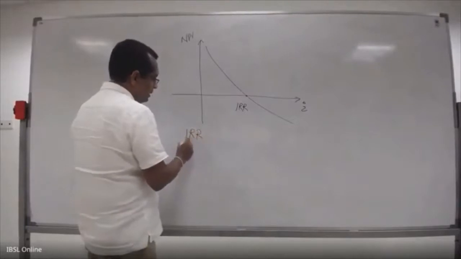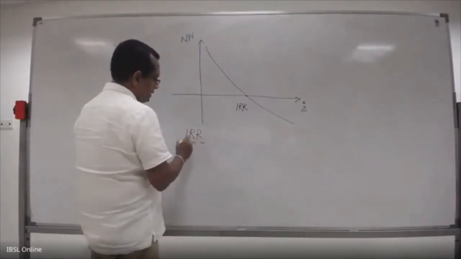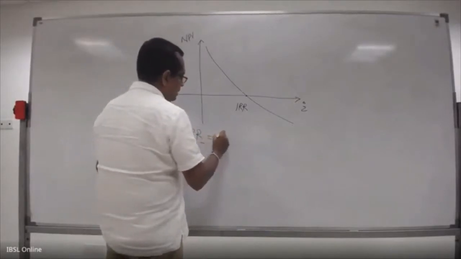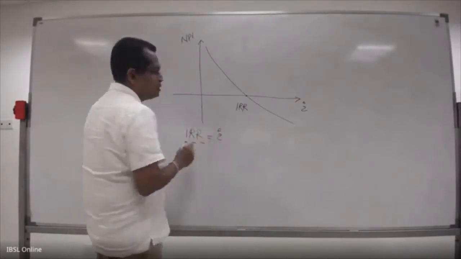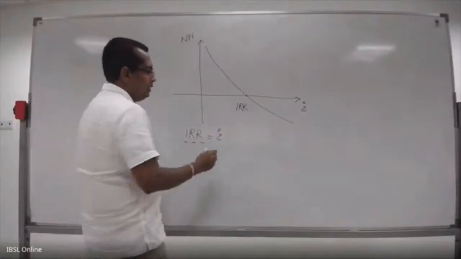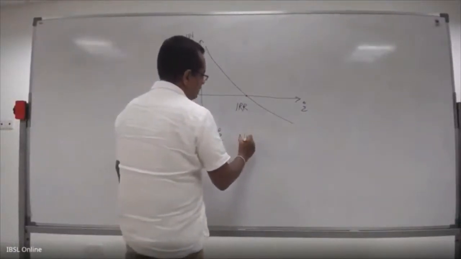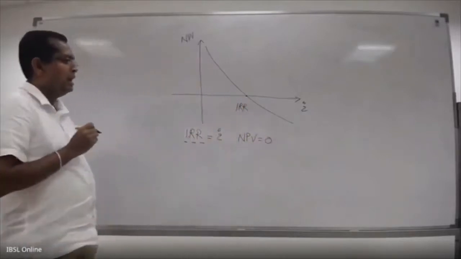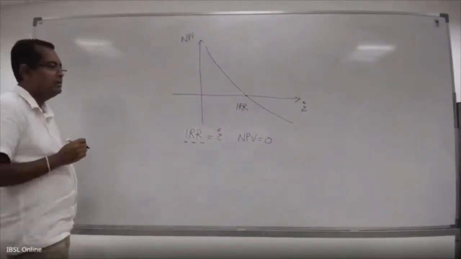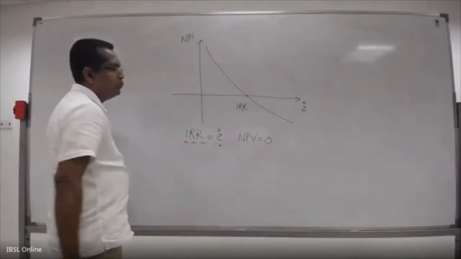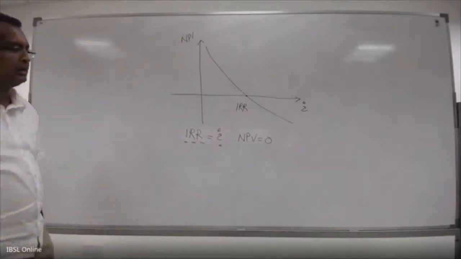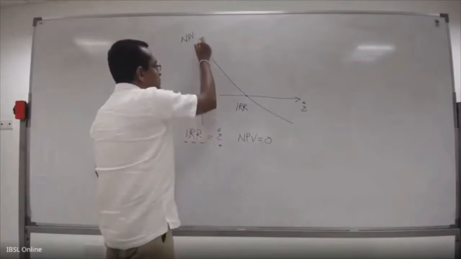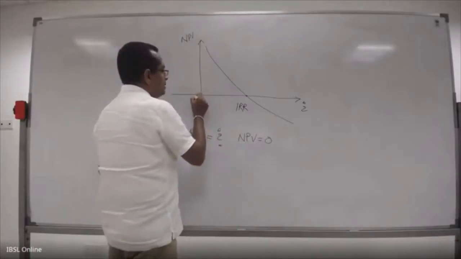Internal rate of return is the rate at which NPV equals 0. IRR means it is the discounting rate at which NPV is 0. This is the NPV axis, this is 0.